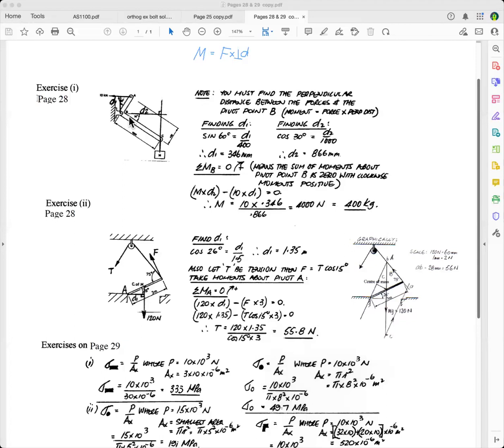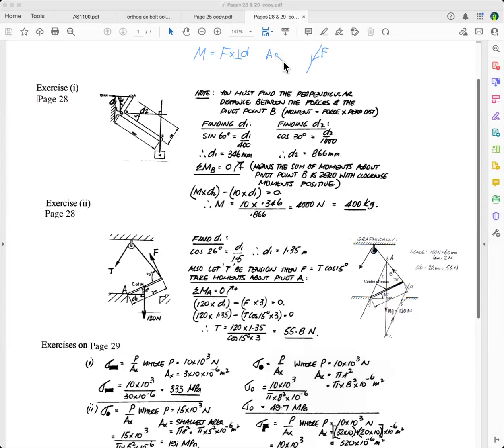So I'll just show you how to do this analytically, and then I'll show you quickly how to do it graphically. So what you've got to do is, if you've got a point here, let's just say we've got point A, and you've got a force going down here like this. And let's say that is F.